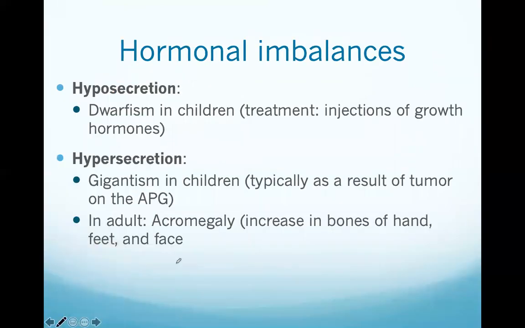Okay, so hyposecretion means falling below normal levels, and hypersecretion implies that you're going above the normal level. In children, if you have hyposecretion of the growth hormone, that leads to dwarfism. The interesting fact is, if you are taking your child to a pediatrician for a normal well-being check to make sure everything is normal and they're growing okay, and the pediatrician notices that the child's growth is falling behind, they can check the level of the growth hormone.